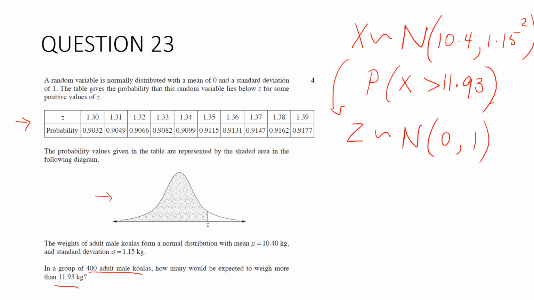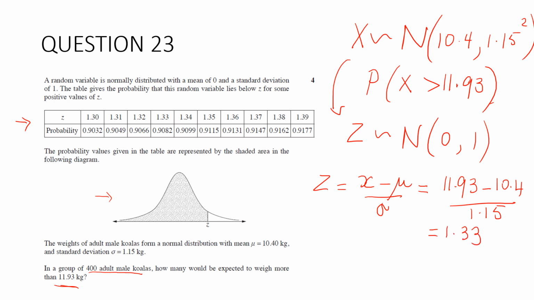We're going to use this formula: z is equal to x minus mu divided by sigma, where x is 11.93, mu is 10.4, and sigma is 1.15. On our calculator, 11.93 take 10.4 on 1.15 is 1.33.